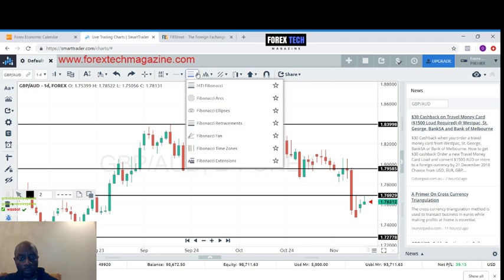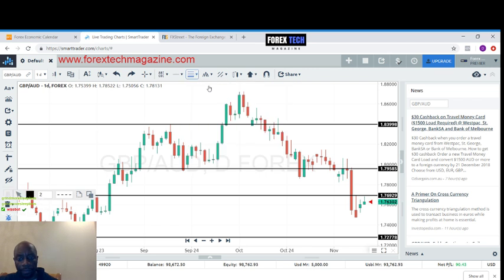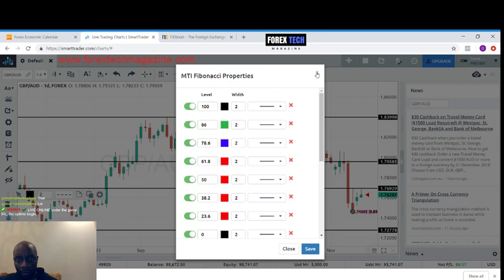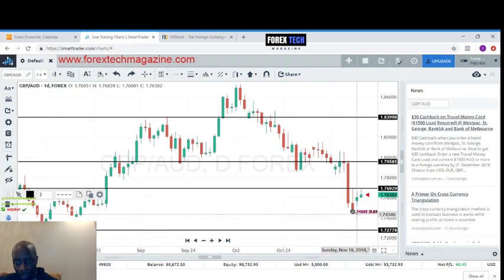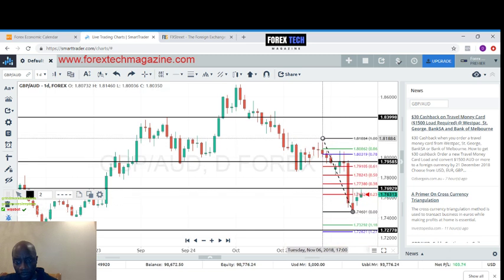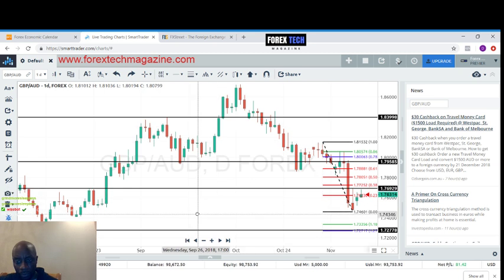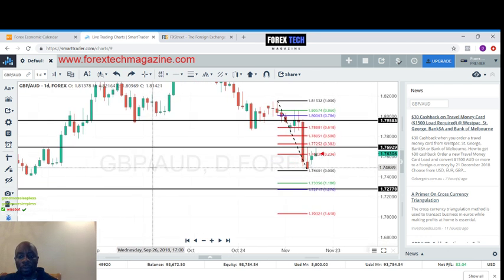Alright, so what I'm trying to do right now is put my fib extension out here, using the Fibonacci tool. The problem is right now, unfortunately, that I'm going to have to draw this by hand, which is cool.